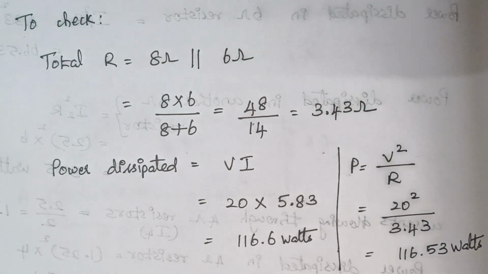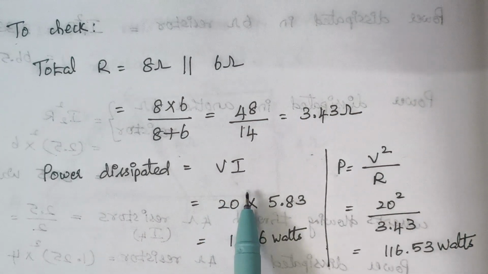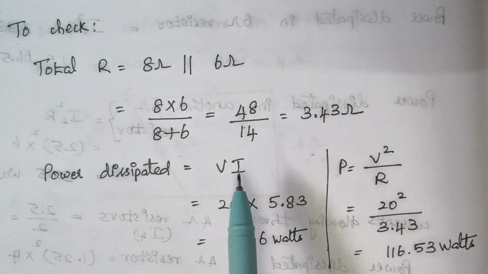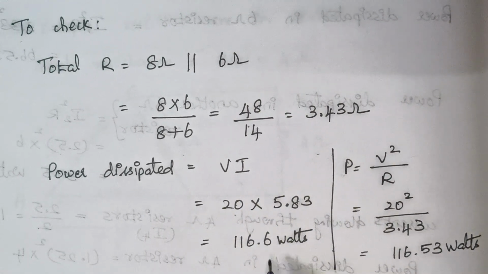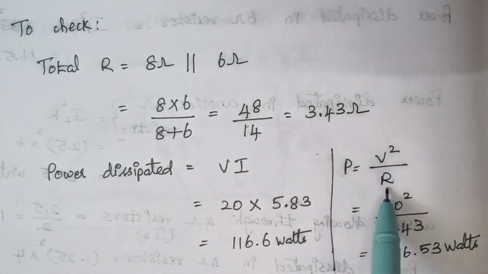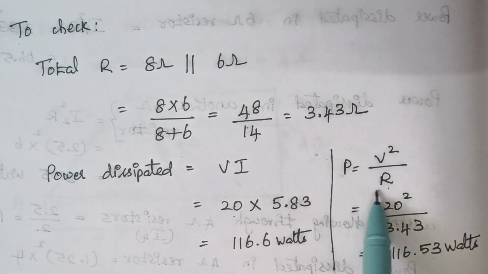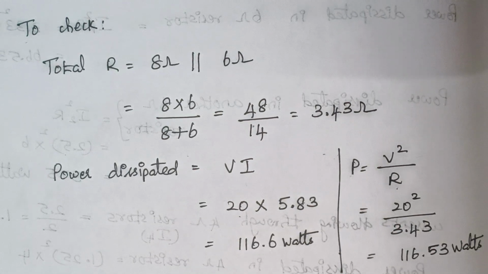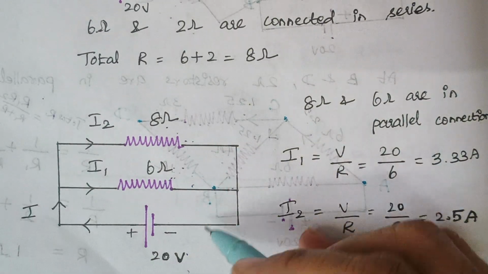So how to do that? You can directly use this formula V into I. We know the value of voltage as 20 and we know the value of total current as 5.83. Or else you can use this formula, that is V square by R. We know the value of V. We should calculate the value of total resistance R. So again, when you look back at the circuit here, this is our final simplified circuit.